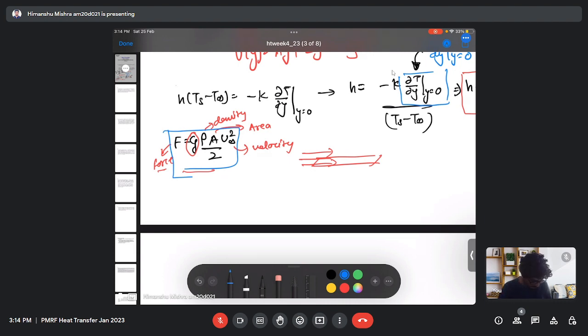Also, we know that we can define stress as force per area, which means we can write the expression of a shear stress. This is the stress caused by the drag.